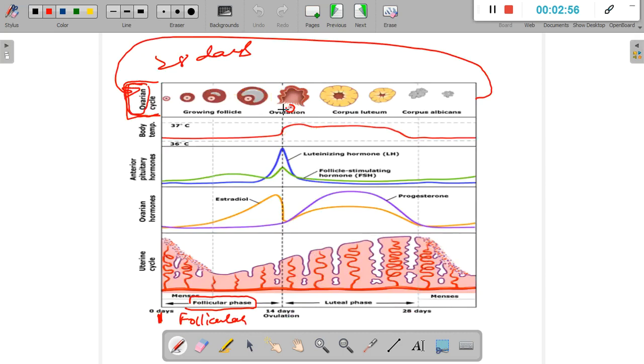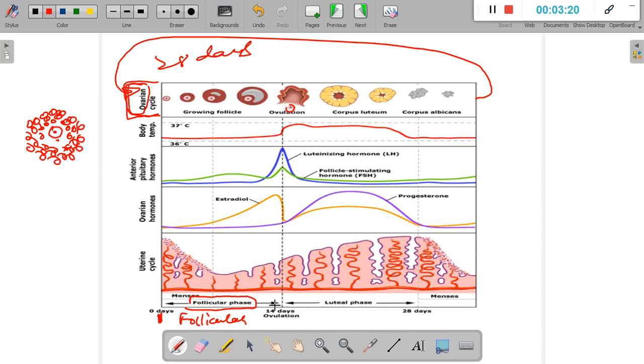Around the secondary oocyte and the first polar body, a large number of granular cells are formed, and they are called follicular cells. Because for the first 14 days a large number of these cells are formed, and these cells also produce and secrete certain things, that's why the first 14-day stage is called the follicular phase.